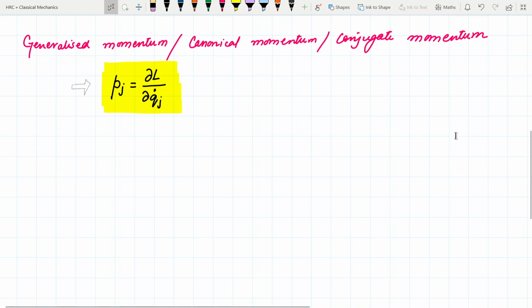Now what the Hamiltonian approach involves is looking at quantities which are not necessarily functions of generalized velocities but are functions of the generalized momentum.